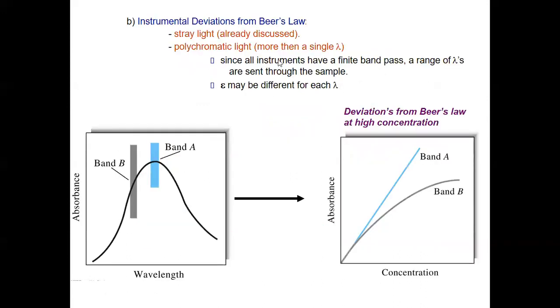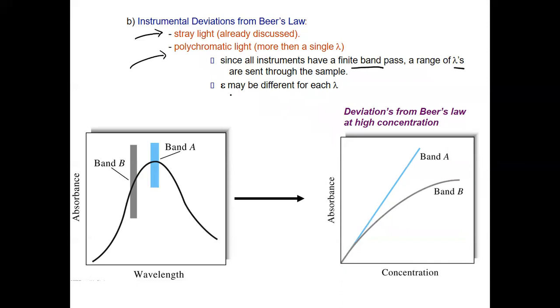Now, another thing that we have to look at is the so-called instrumental deviation from Beer's law. Okay, so we talk about stray light and the presence of what we call polychromatic light, since you're using more than a single wavelength. Since all instruments have a finite bandpass, a range of wavelengths is sent to the sample.